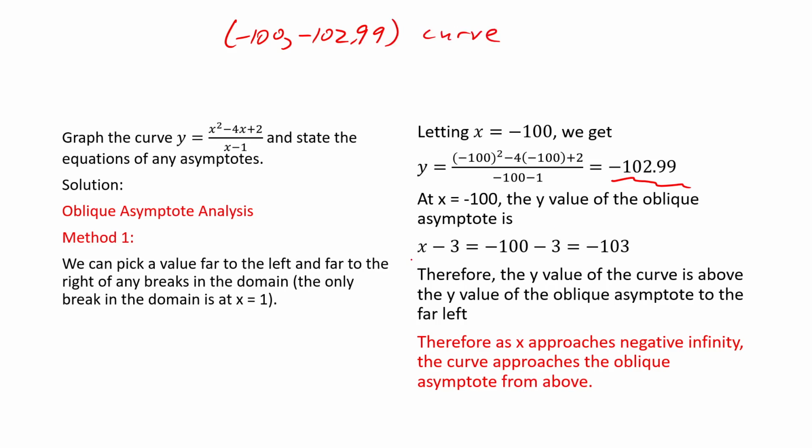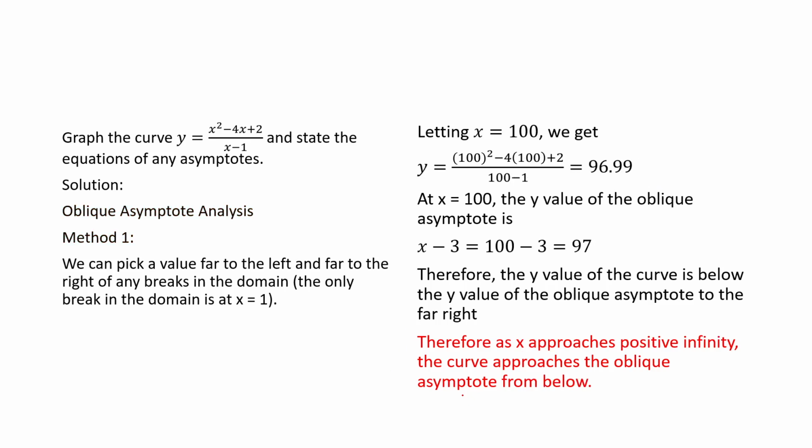But the oblique asymptote is y equals x minus 3, so the point negative 100, negative 103 is on the oblique asymptote. Since negative 102.99 is above negative 103, as x approaches negative infinity, the curve approaches the oblique asymptote from above.